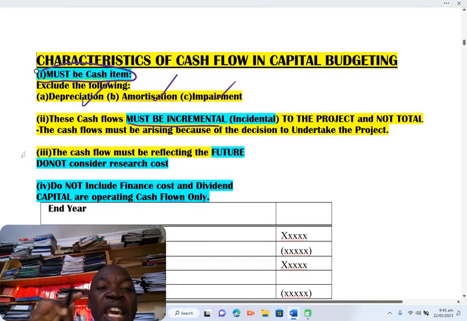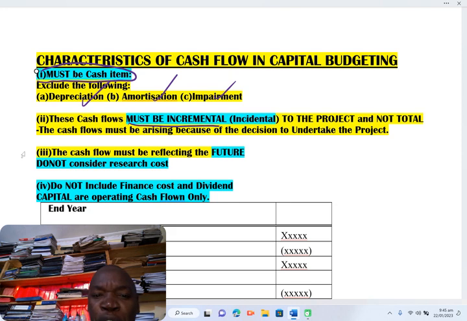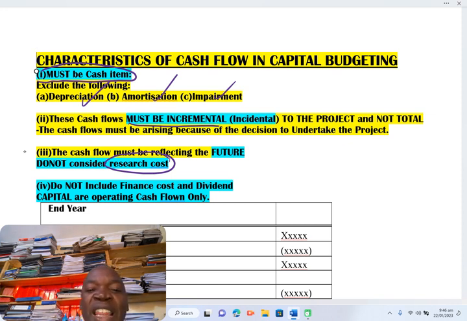Number three, the cash flow must be forward-looking. Don't include research cost. All research cost must be taken away because research costs are past costs, which do not reflect the future. They are called sunk costs in other language.